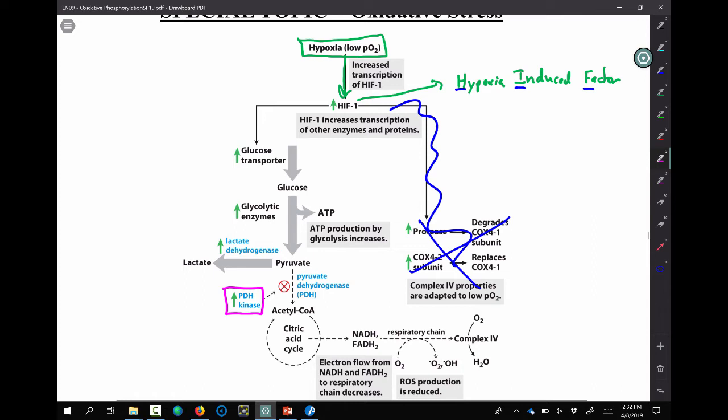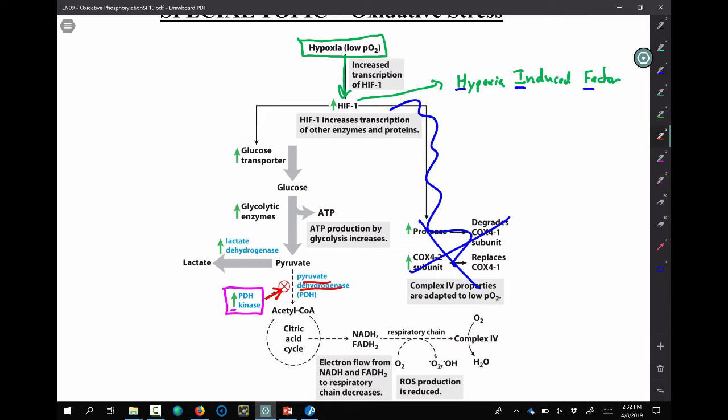This is the kinase that will phosphorylate E1 of the PDC complex and inhibit it. So if you increase genetic expression of that, you will inhibit pyruvate dehydrogenase. Now, why would you want to do that? Well, that will prevent conversion of pyruvate to acetyl-CoA.